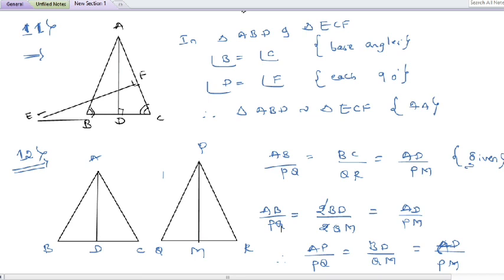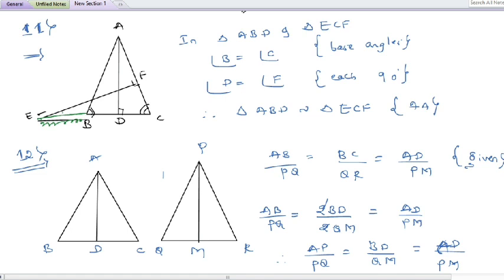Here side BC is produced to E, and ABC is an isosceles triangle, it is also given. If it is an isosceles triangle, then AB is equal to AC.